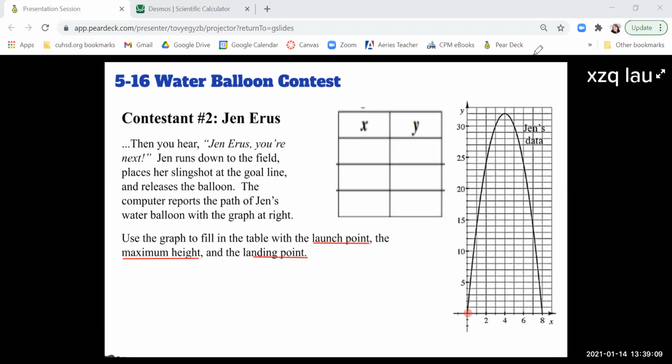Okay, and then we've got the maximum way up at the top. That's the high point. So if you can find that coordinate pair, that's the next thing in the table. And then the landing point is back down here. Okay, so I'll give you a minute to fill in those 3 points.